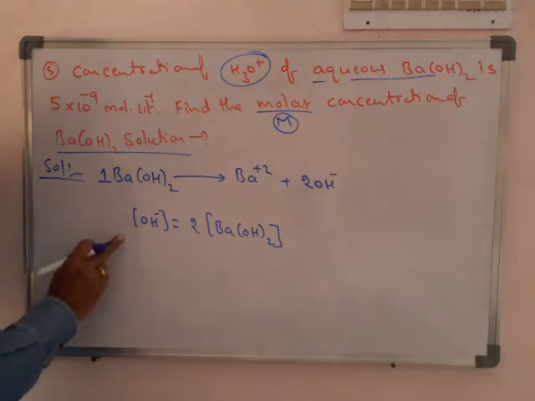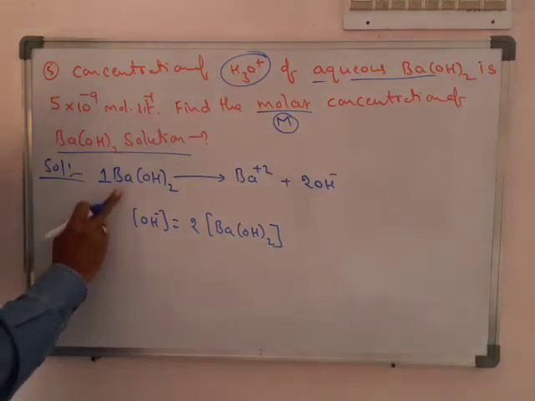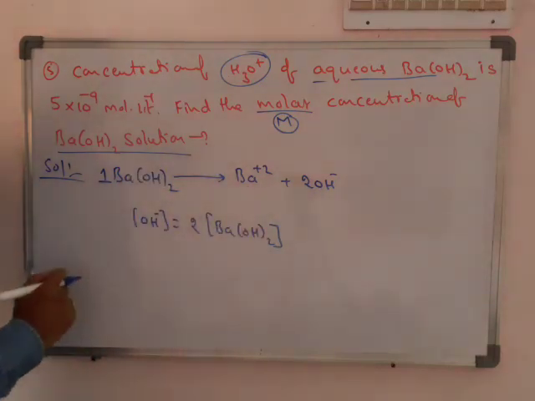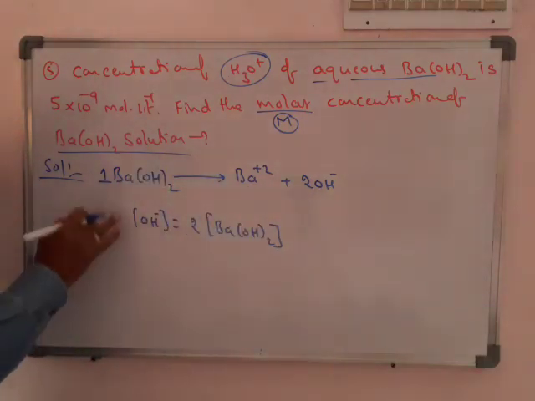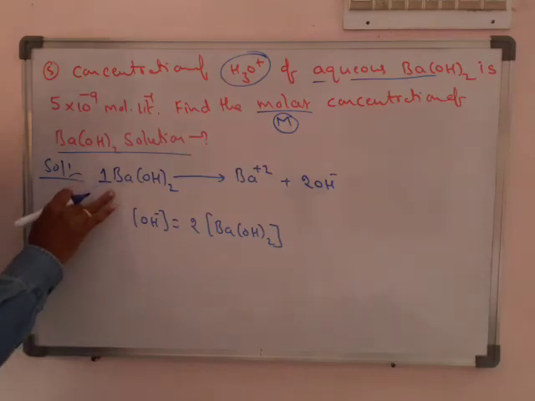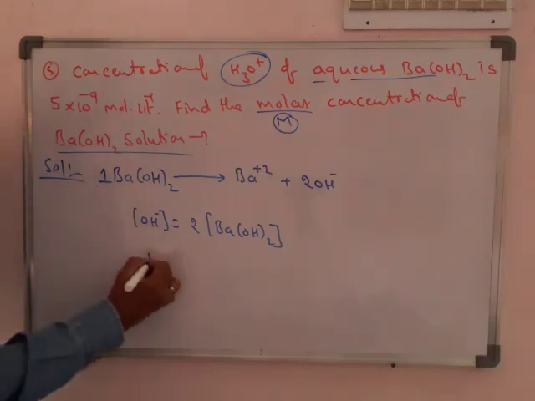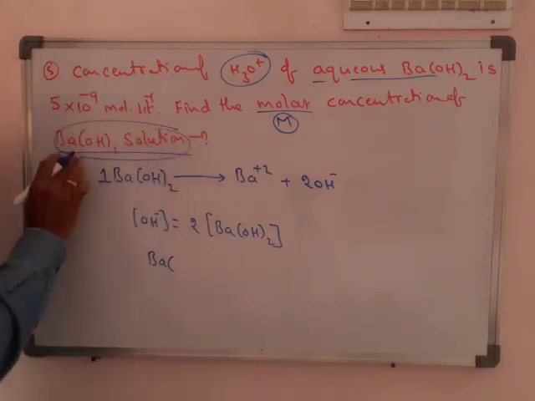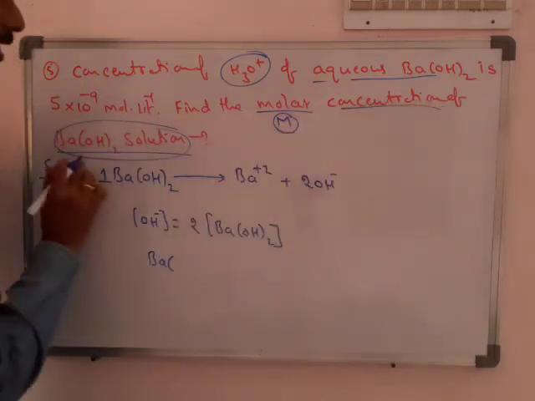Okay, so it's the important step here. So 1 mole can release 2 moles of OH minus, means the OH minus ion concentration is equal to 2 into barium hydroxide concentration. Actually in the problem we have to find the concentration of barium hydroxide.